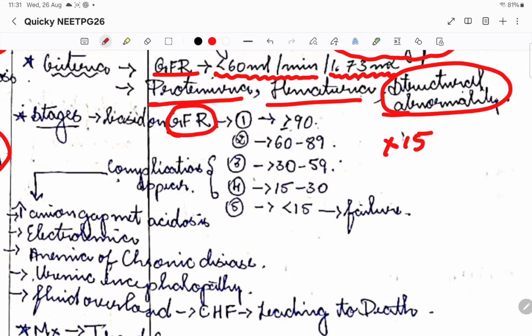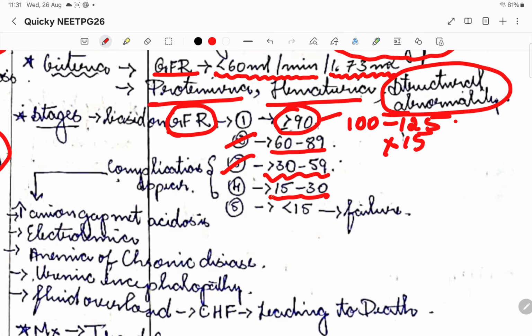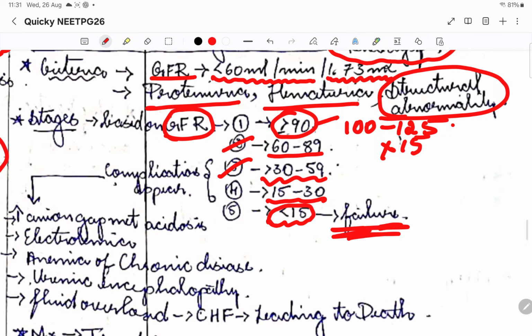If it is more than 90, GFR more than 90, normal is, I told you, right, 100 to 125 will be the normal GFR. If it is 90, we are going to take it as CKD stage 1, then 60 to 89 is stage 2, then 30 to 60 is going to be stage 3, and 15 to 30 is stage 4, and if it is less than 15 GFR, so basically nothing is getting filtered out, so this will be failure. Renal failure is what we take.